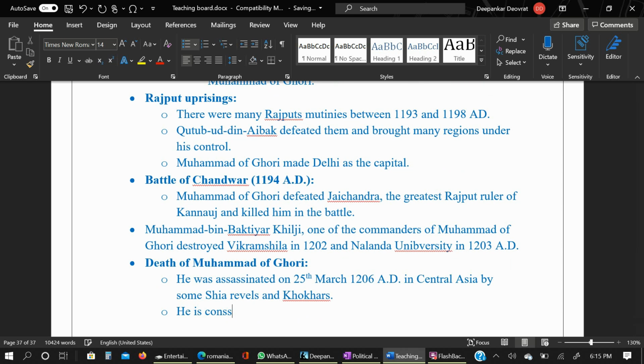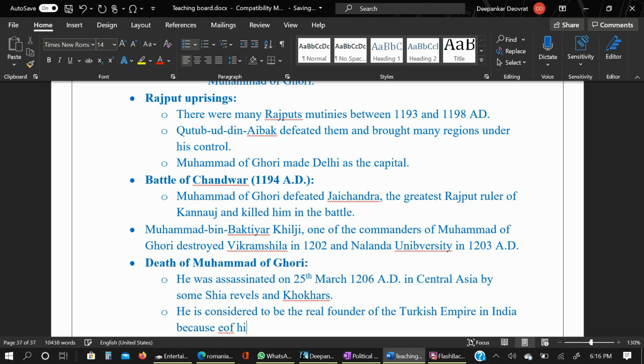He is considered to be the real founder of the Turkish empire in India, because after him Turkish invasion started. He was the first one who invaded India as a Turk.